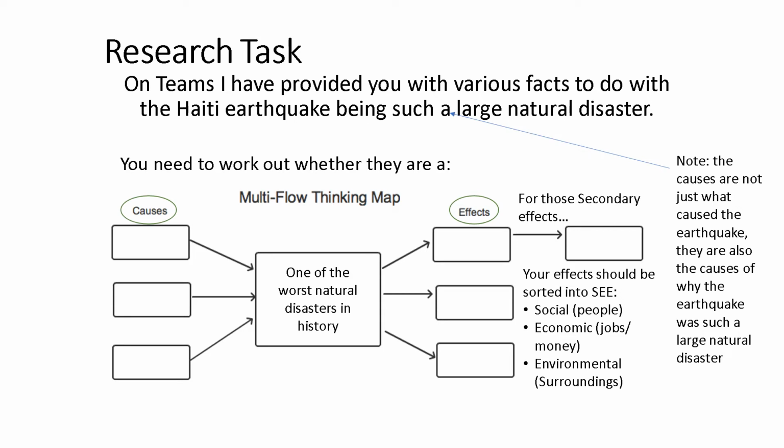So have a look at those causes, anything at all that in the background is telling you that they have very low income, very few people are educated, very poor government. All of those factors will actually be leading to cause this disaster to be one of the worst natural disasters in history. So pause the video, look for those factors and now put them into your causes and effects.